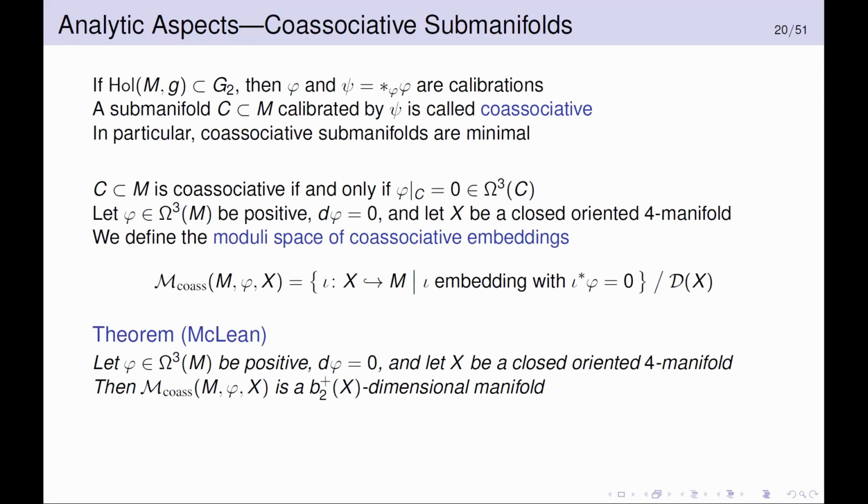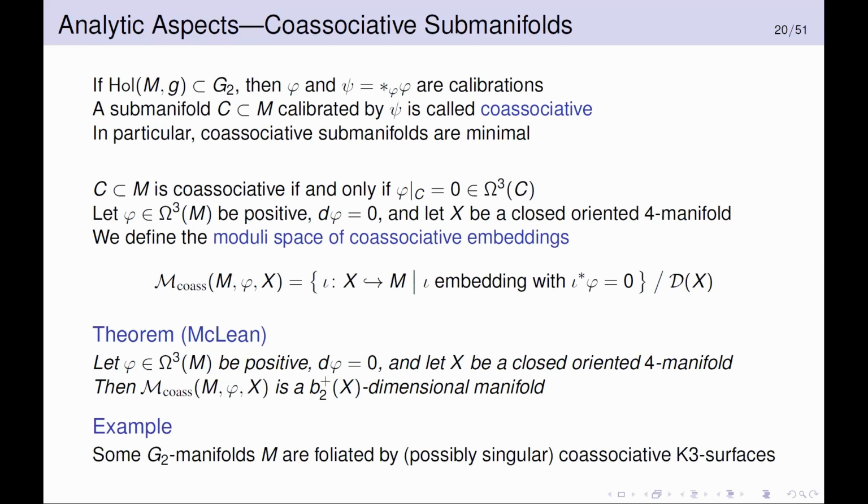And there's a theorem by McLean which tells you basically that this coassociative moduli space is always a b2 plus of X dimensional manifold. So you have an oriented four-manifold, you know the second homology splits into self-dual and anti-self-dual. You take the self-dual Betti number. I mean, it depends on conventions. Other people take the negative one, but I'll tell you why it's a positive one in a moment.